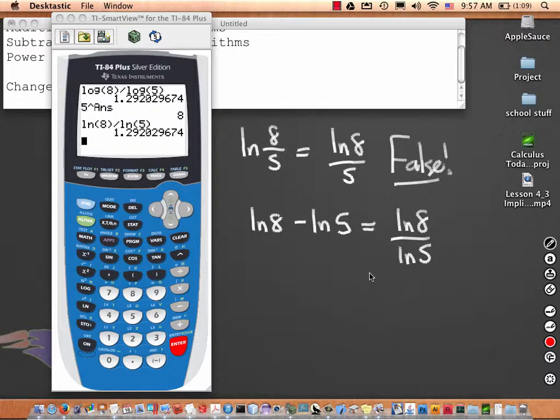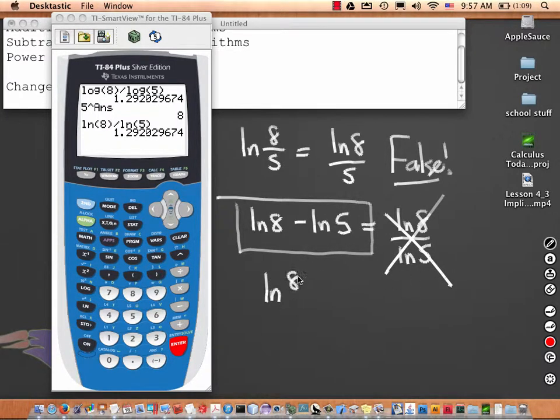False. Blatantly false. Our subtraction rule does not say that the subtraction becomes 2 logs. So this is not true. This becomes ln 8/5. It doesn't become 2 logs.